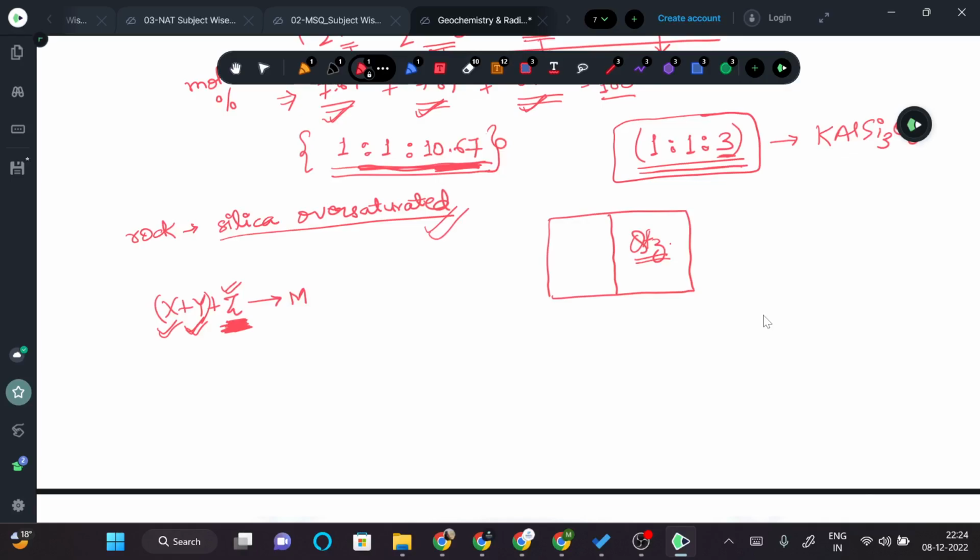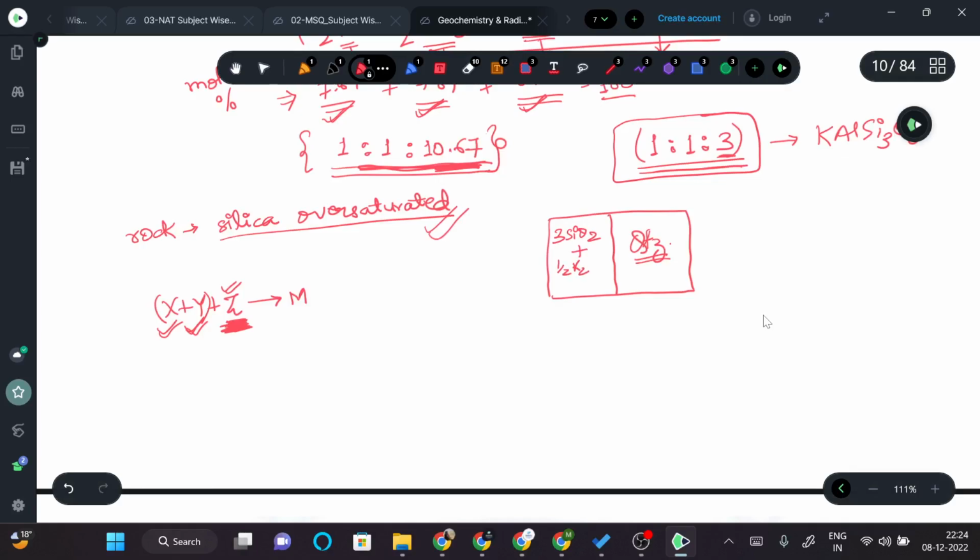So here you have quartz, 3SiO2. This is basically K feldspar. Half K2O plus half Al2O3. So this is the complete rock that we have in this case. And this particular portion is K feldspar.